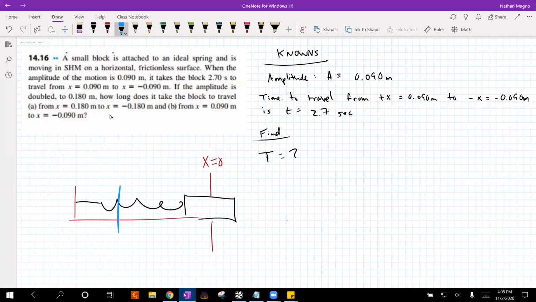And it travels to negative 0.180 meters. And let's say it also goes here at some future time. Any ideas, or should I just start solving it?